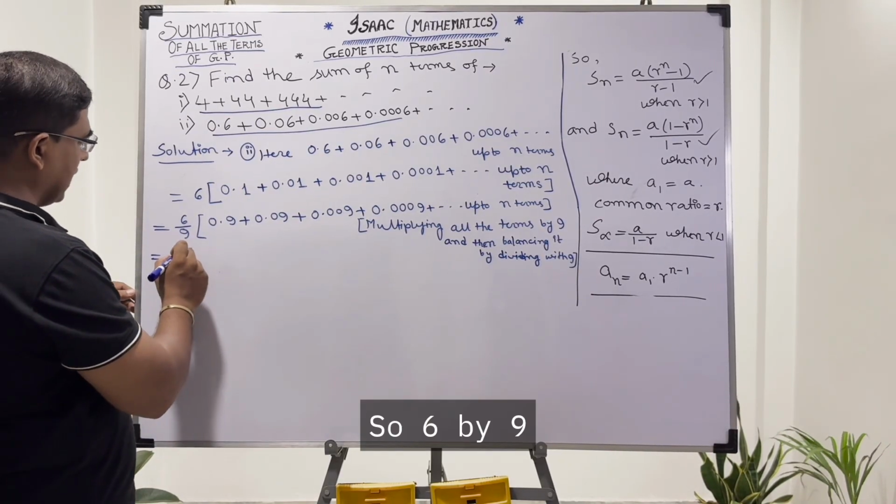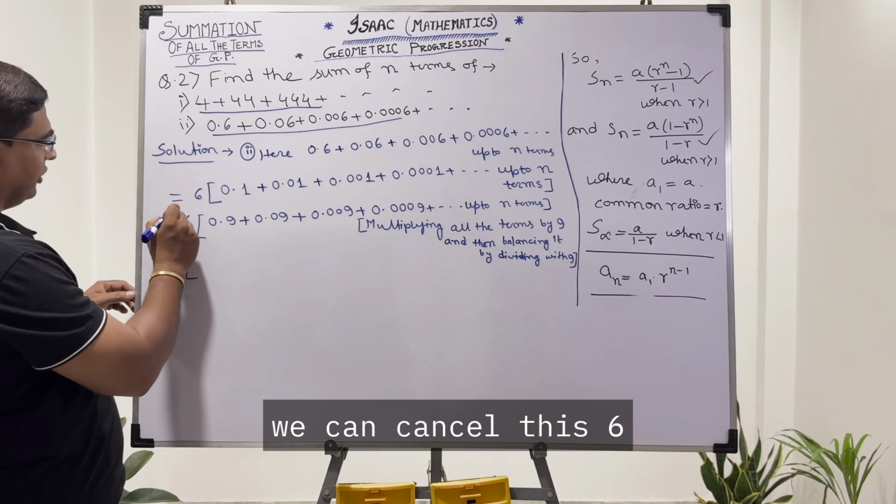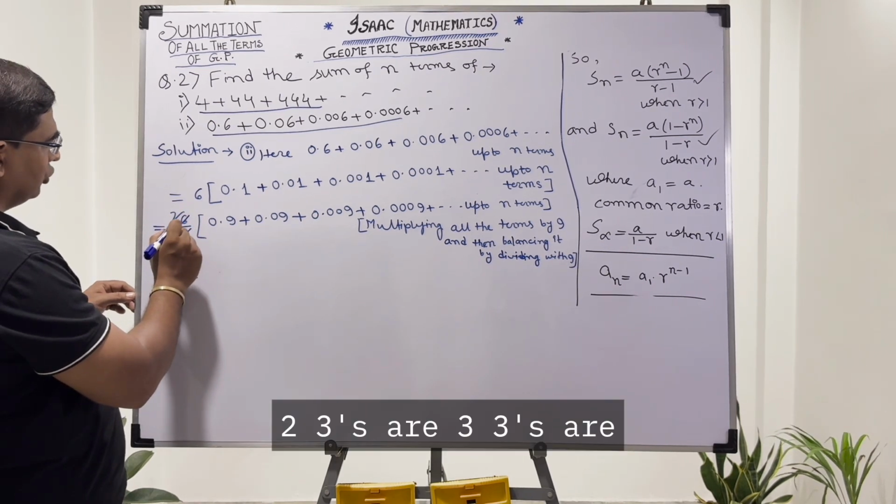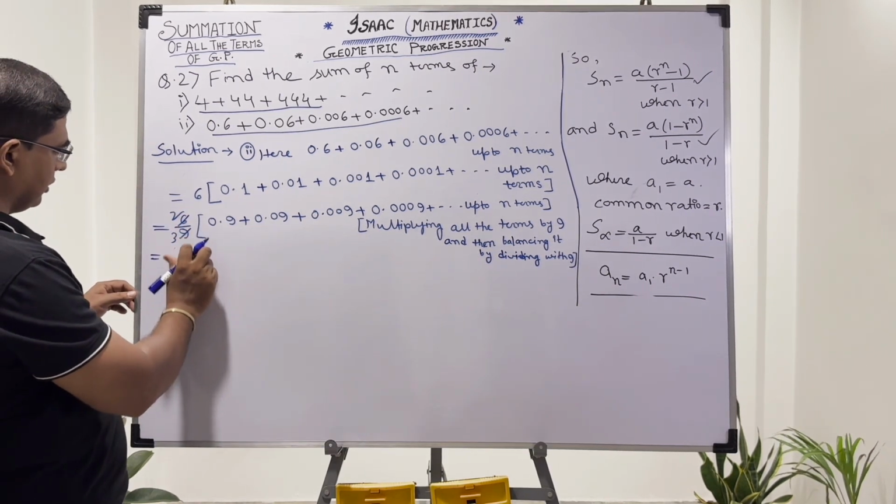So 6 by 9, we can cancel this 6 and 9: 2 3s are 6, 3 3s are 9.